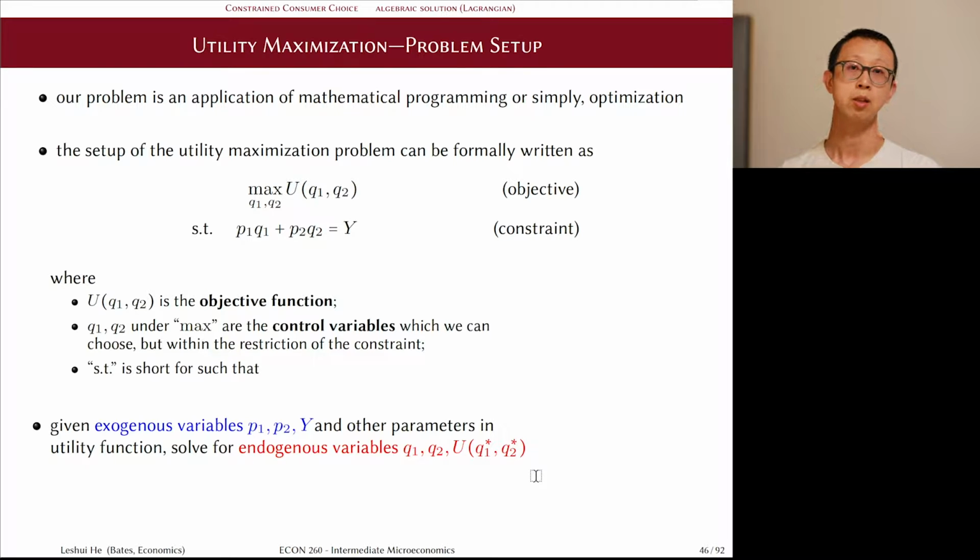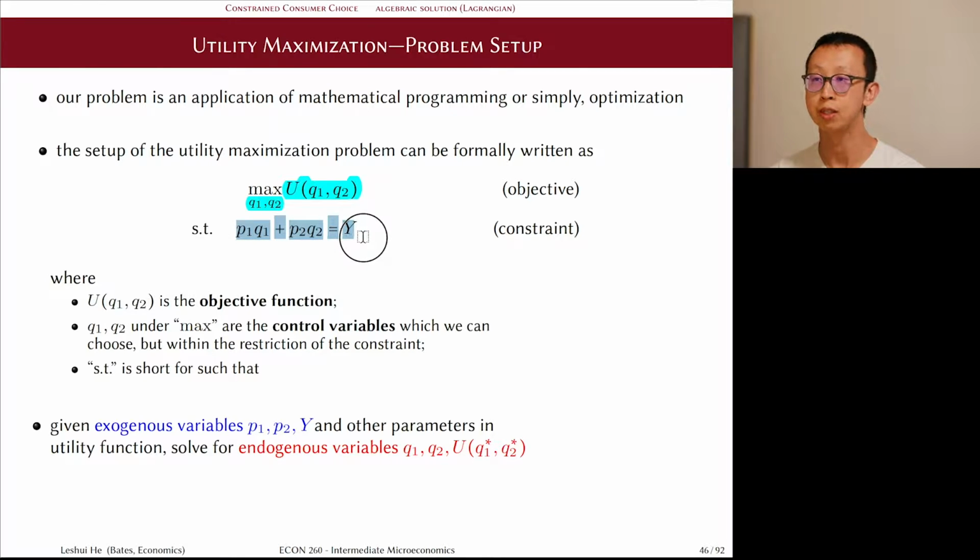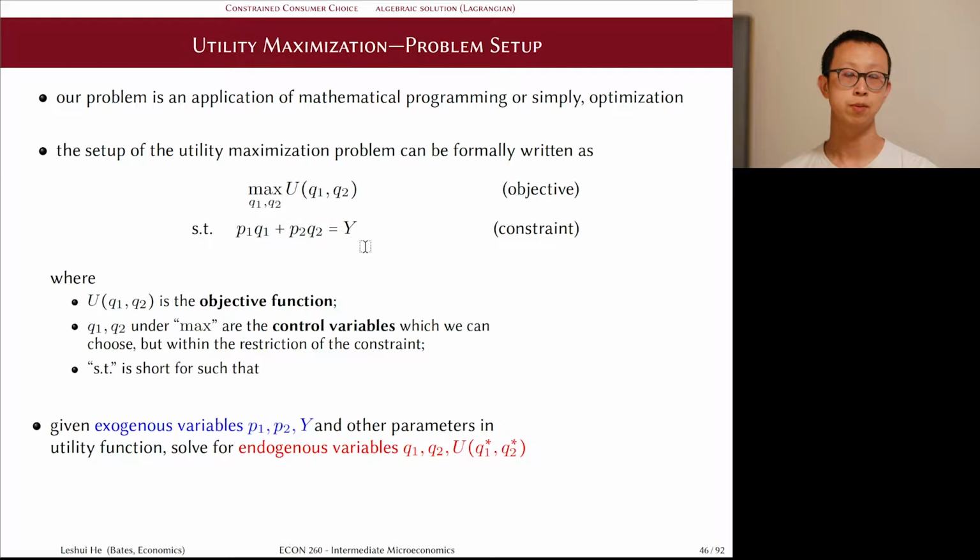In short, the optimization problem says that we're trying to choose Q1 and Q2 in order to maximize this objective function, while under the constraint that the quantities must be chosen such that the expenditure is equal to our budget. Now our problem is formally specified. How do we solve it? Well, we'll follow a step-by-step procedure, which is called the Lagrangian approach.